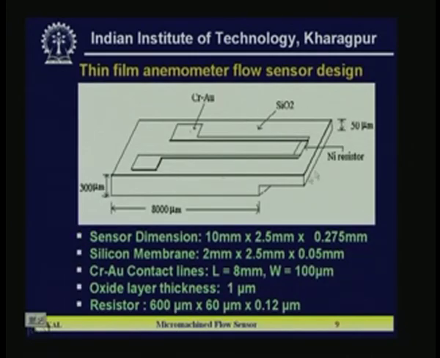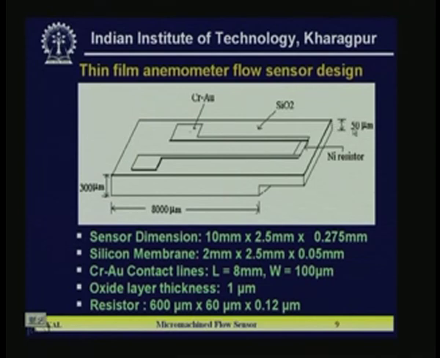Now, this is the structure of the anemometer flow sensor device. Here you can see the whole top surface is silicon dioxide, SiO2, and this is the cantilever from the bottom of which we have etched silicon, although here it is 300 micrometer.